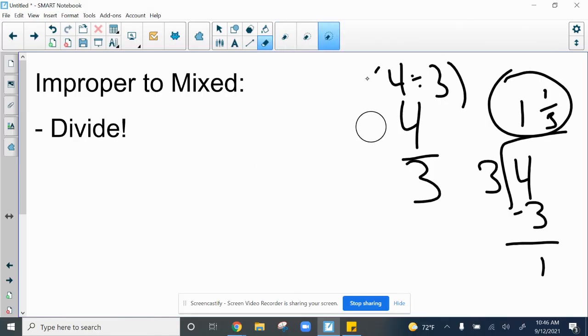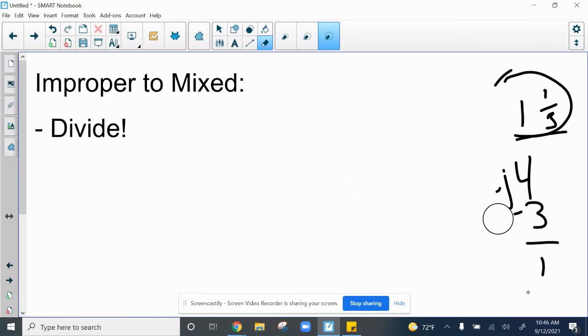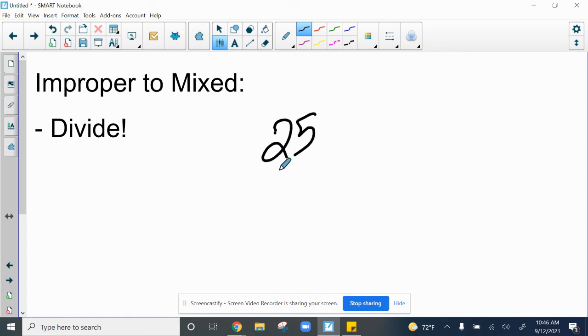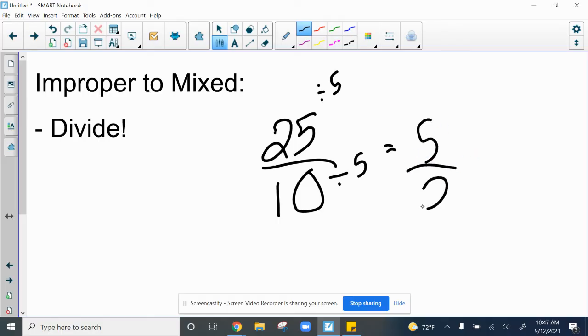All right, and last example for today. And you guys are going to try this one on your own. Let's try 25/10. And I'm going to get you started. I would start by dividing these both by 5 first. 25 divided by 5 is 5. 10 divided by 5 is 2. Now turn 5 halves into an improper.